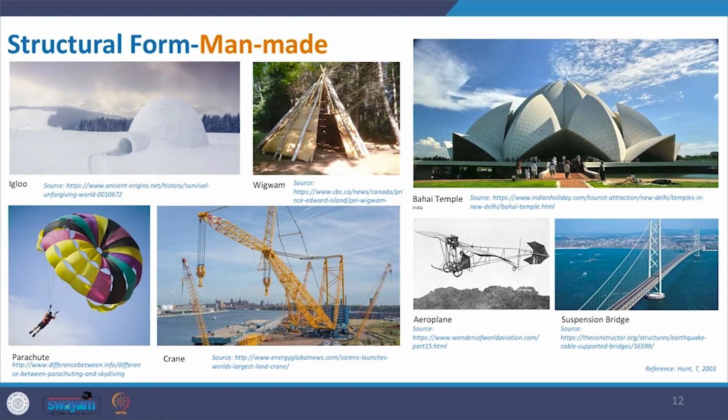So, we will discuss this kind of structural form being used for different purposes during the course, and the course is designed in such a manner that we will design each component, different types of structure and form, to create this. And last but not the least in this slide is the example of a shell structure situated in India, the Baha'i temple.